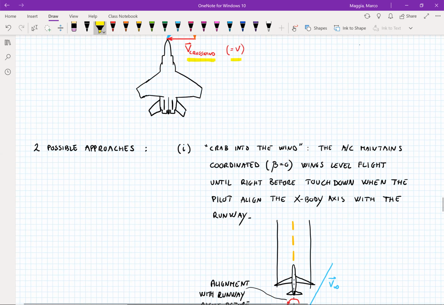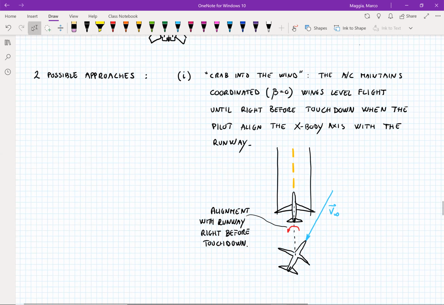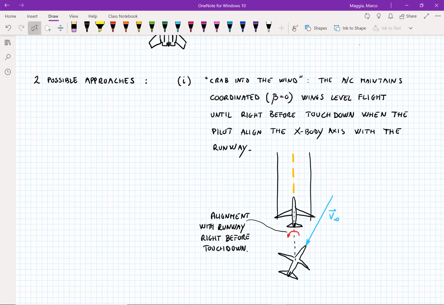Now we have two approaches that can be done. The first one is known as crabbing into the wind. So you're approaching the runway sideways. You maintain a coordinated wings level flight. Coordinated is a synonym for side slip angle equal to 0.